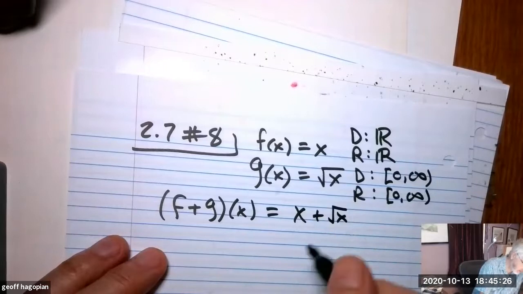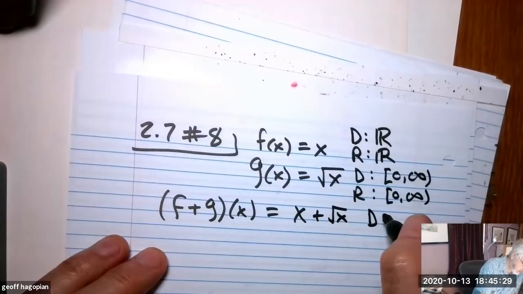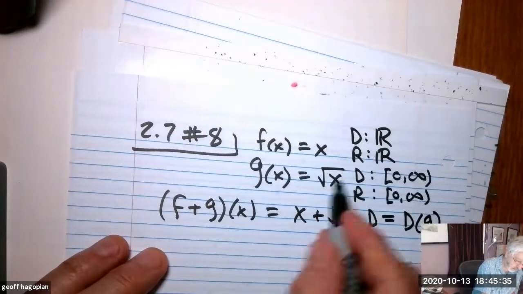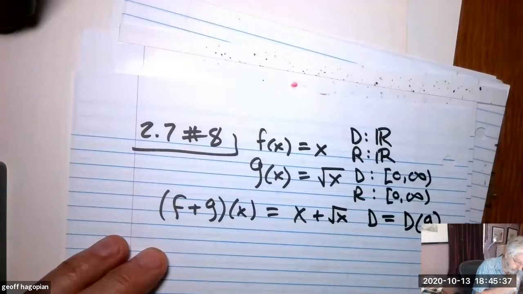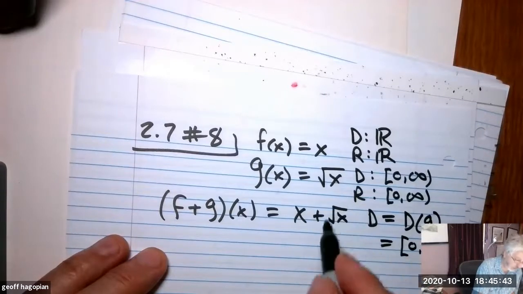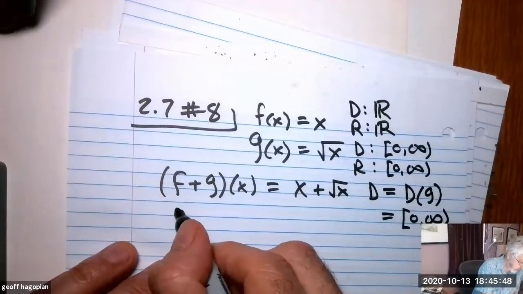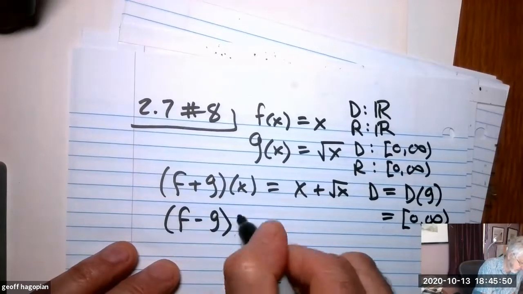And the domain is going to be the same as the domain of g, because that's the smaller one. It's got to be in the intersection of those two things, and so that's equal to the interval from 0 to infinity. In order for this sum to be defined, the square root of x has got to be a real number. Same thing with f minus g.